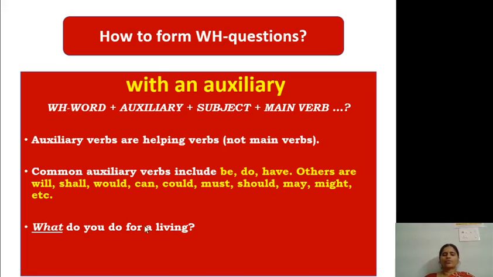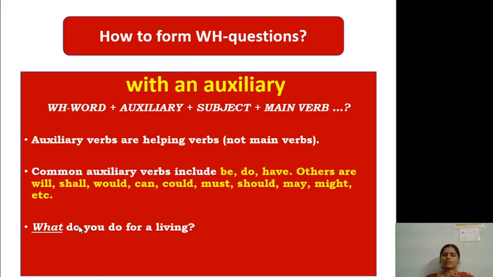So let us see an example. What do you do for a living? So this is a question with a WH word. When you look at the structure, what is the WH word? It is at the beginning of the sentence. Do is the auxiliary verb, and it is followed by you, the subject.